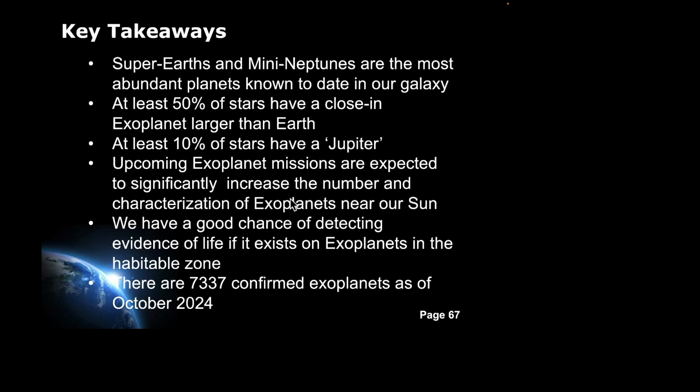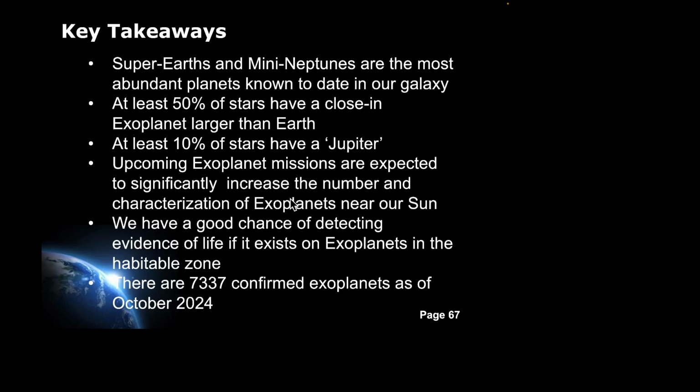So key takeaways from this presentation include: super-Earths and mini-Neptunes are the most abundant planets known to date in our galaxy. At least 50% of stars have a close-in exoplanet larger than Earth, and we believe that most stars have planets as a rule. At least 10% of the stars we've looked at have a Jupiter-type planet.